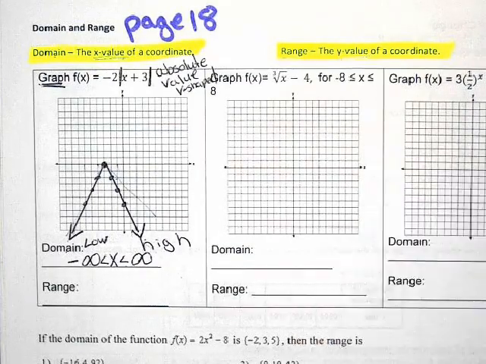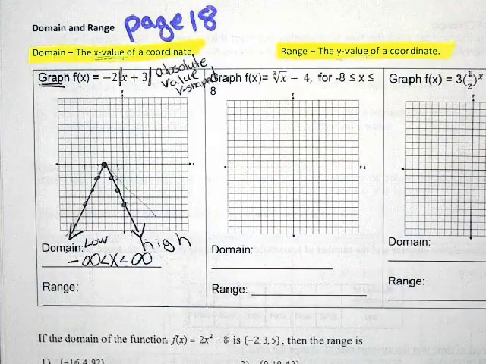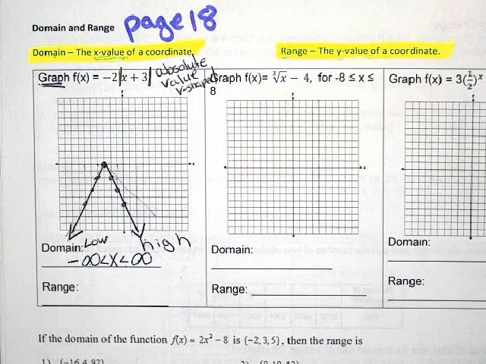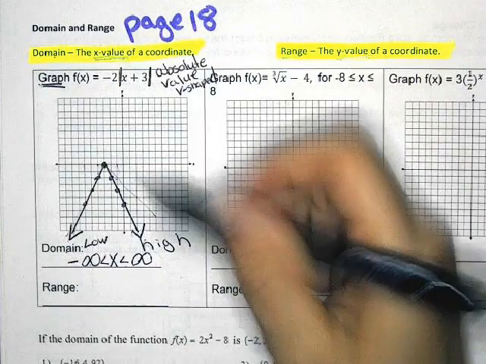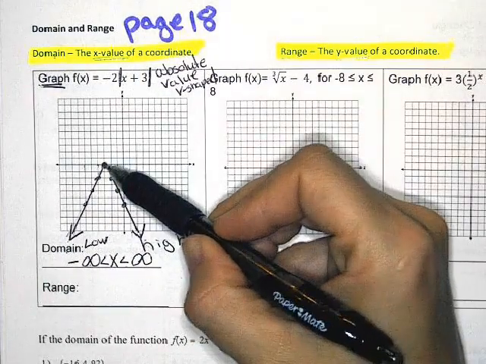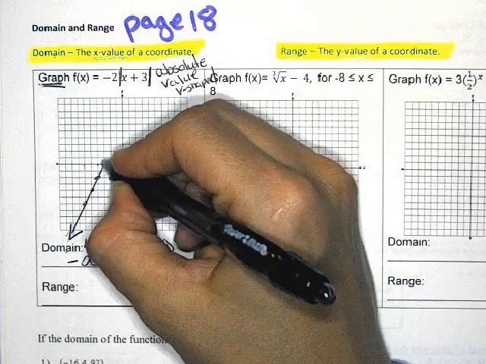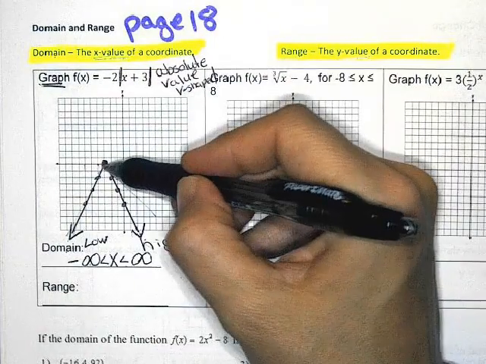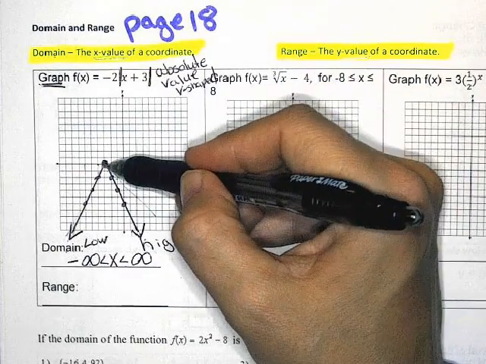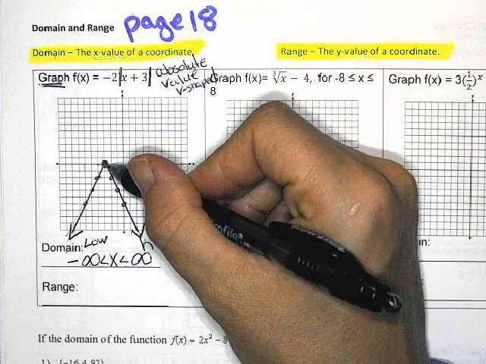When we look at domain and range, we generally would look at the lowest value we're going to go to and the highest value we're going to go to. Now, when we were looking at this one, do we have a low or a high point? This is a high point, but it's only high for the y-axis. And yes, you're right, it's at 0.